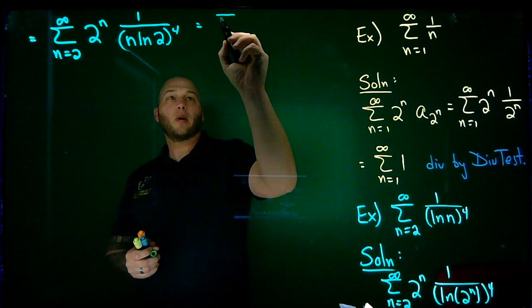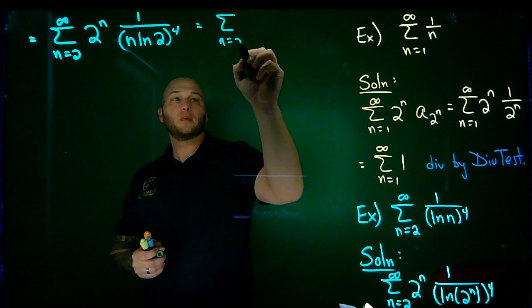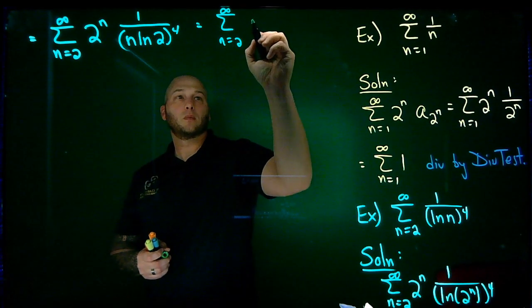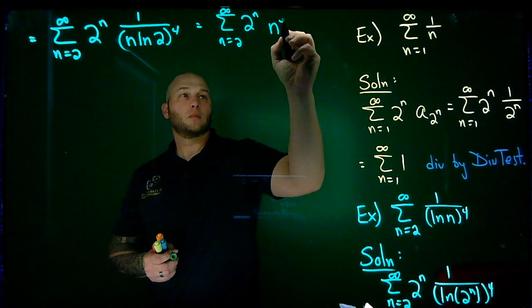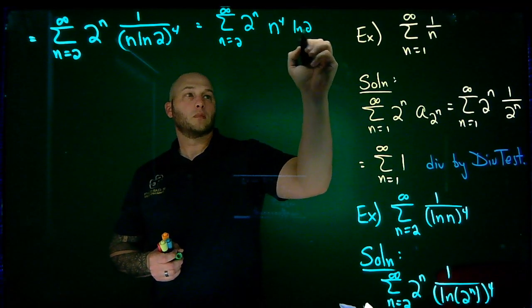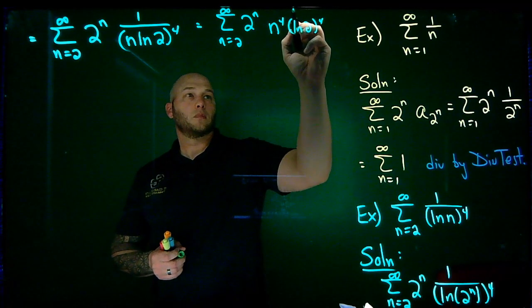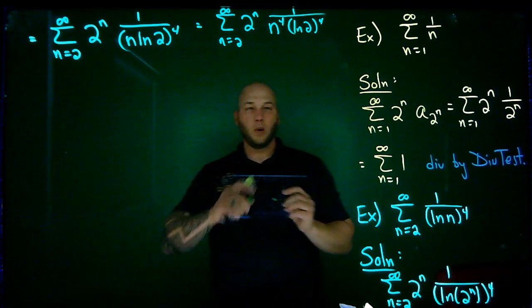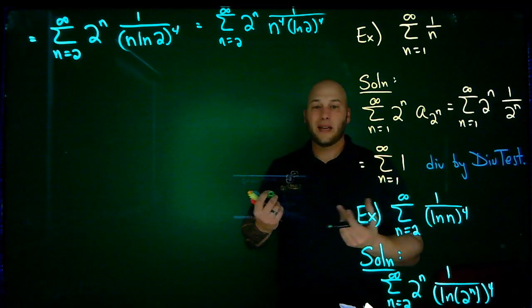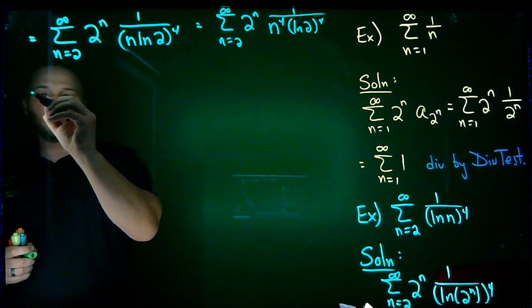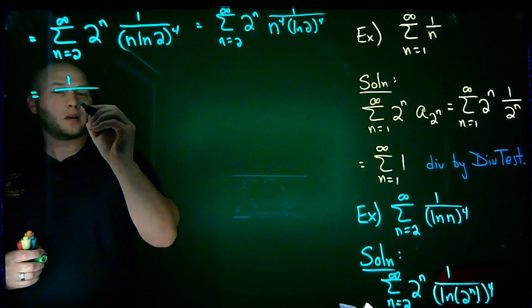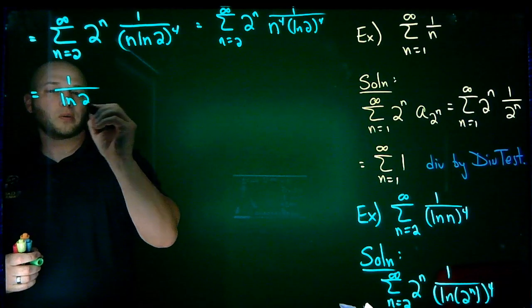Therefore, I can write the series as follows. 1 over log 2 to the 4th is a constant. Constant factors can be brought outside the front of the series and do not play a role in the convergence or divergence.